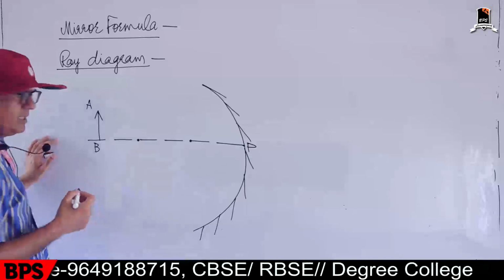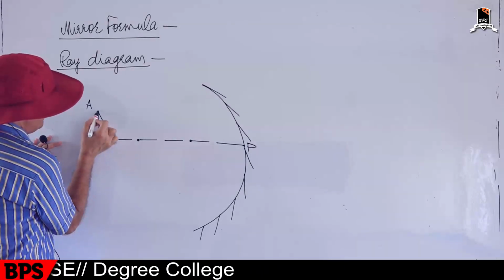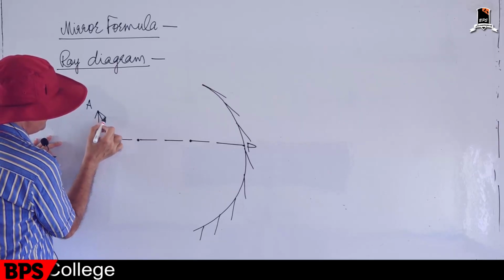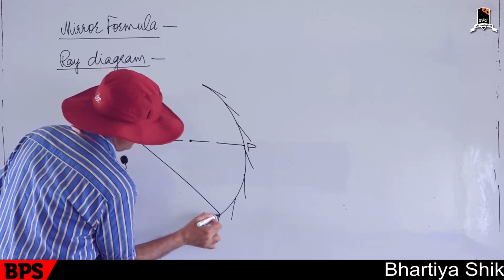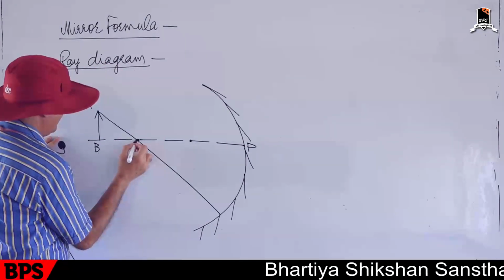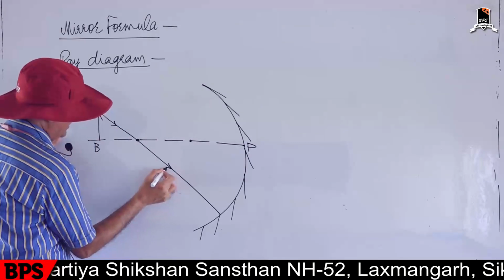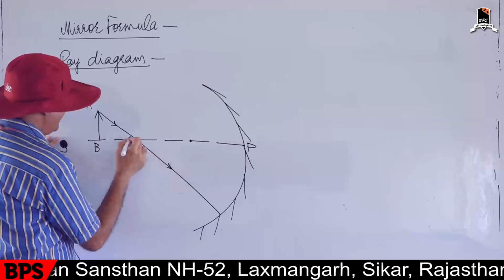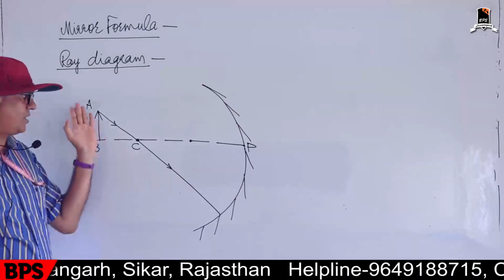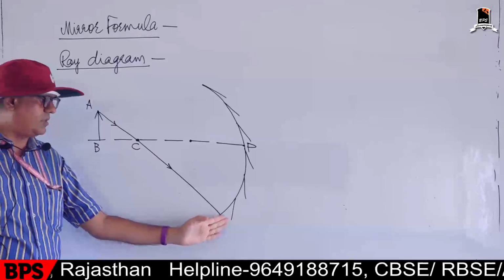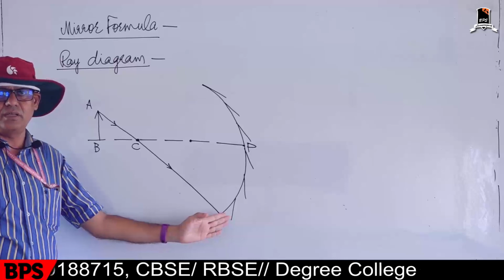Now, take two rays. One ray is directly going through this center of curvature point. Say this is the incident ray. And since this incident ray is passing through the center of curvature, therefore this ray is incident on the concave mirror at an angle equal to 0.